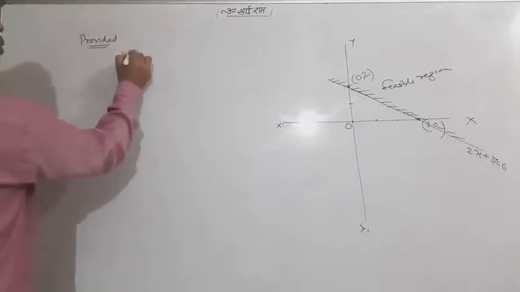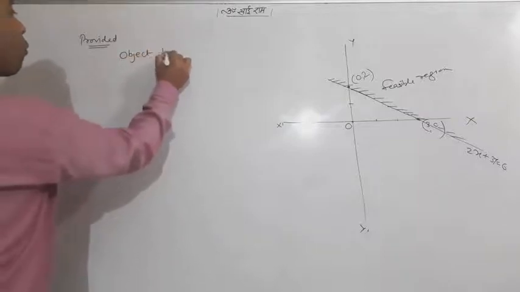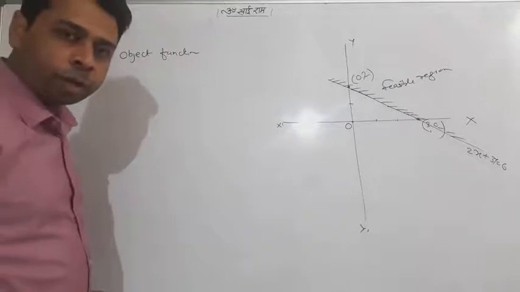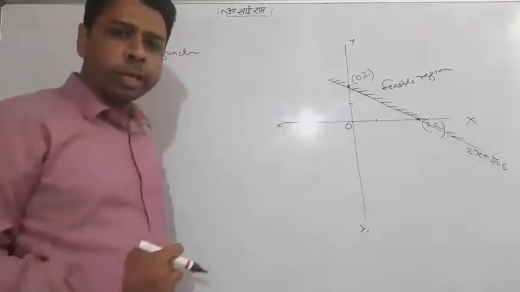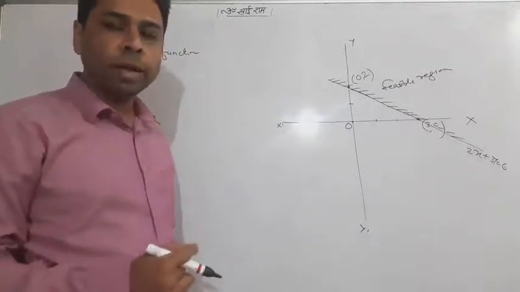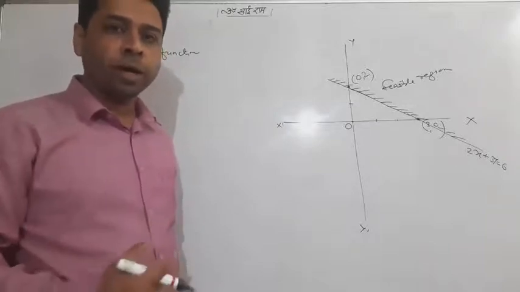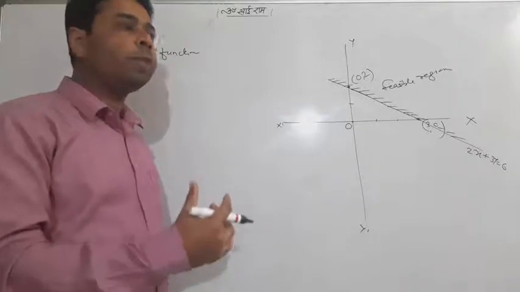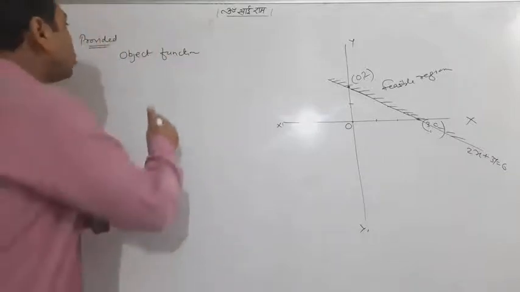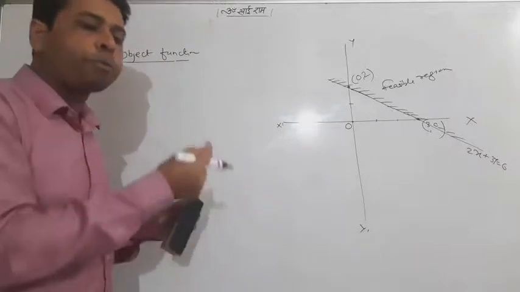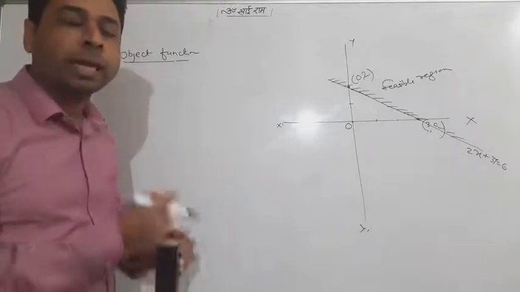One objective function. The objective function is normally a linear expression in x and y, which actually points towards some profit or loss, like that.